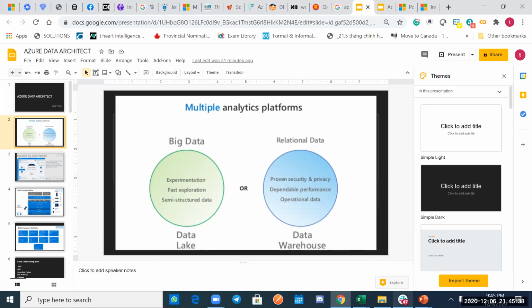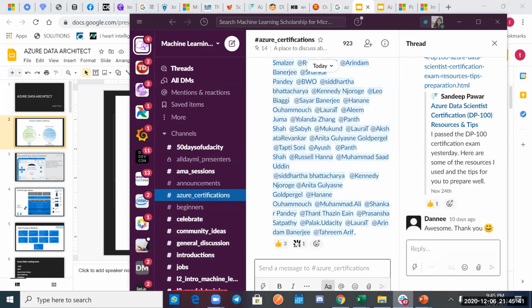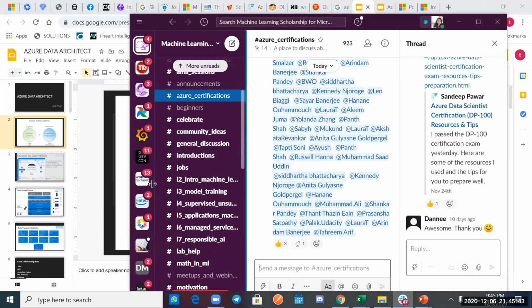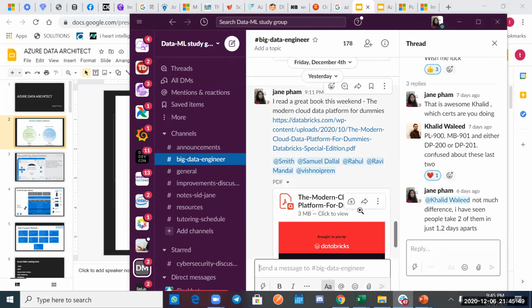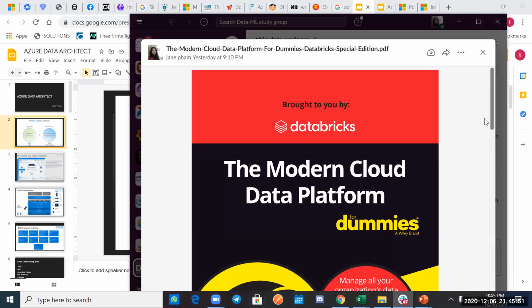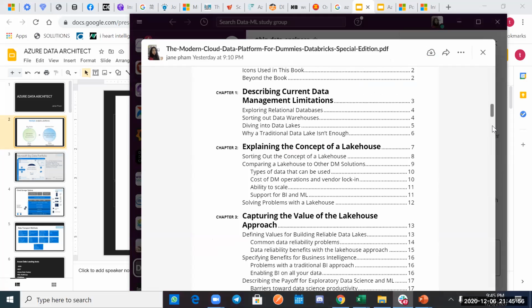Before we move on, I just want to introduce one item that I posted this weekend in Big Data Engineer, and it's really good. It's from Databricks, called the modern cloud data platform for dummies. It talks about lakehouse, which is a new concept where they combine data lake and data warehouse. Of course it's not on the exam, but I really like how recently Databricks has a lot of good materials for people to understand cloud data platforms.